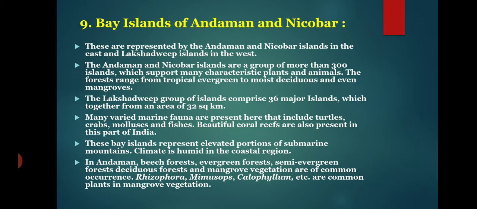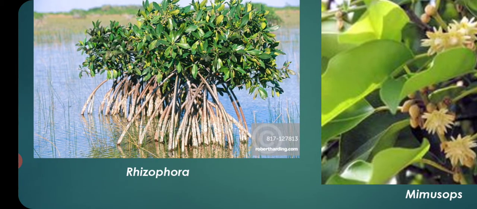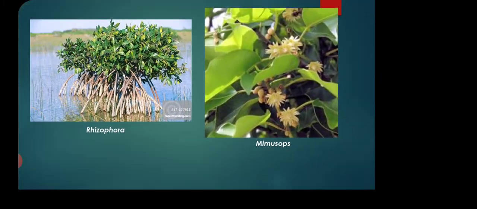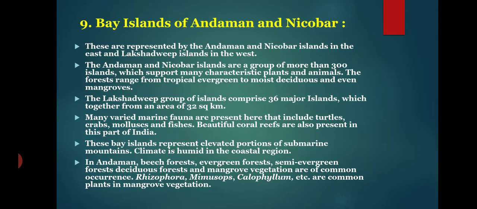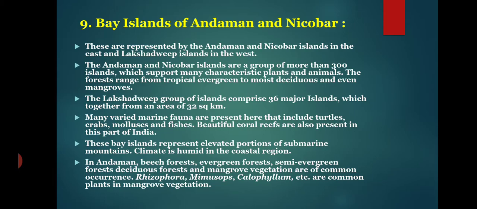Okay, in Andaman, beach jungle or beach forests are common, and there we can see Mimusops, Rhizophora, that is mangrove species, Calophyllum, etc. So many such mangrove vegetations we can see. This is Rhizophora, a very common mangrove, and this is Mimusops elengi. Okay, these are some of the vegetational types of the ninth category, that is the Bay of Bengal.